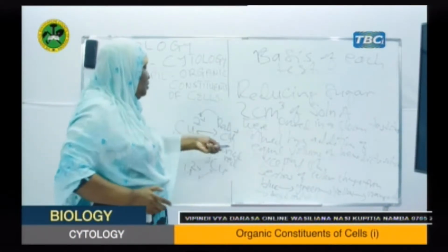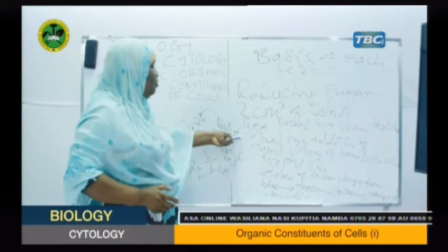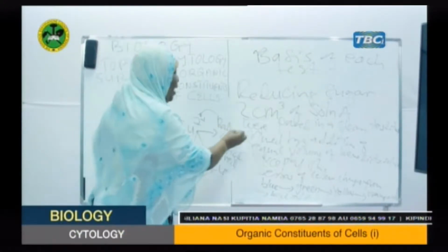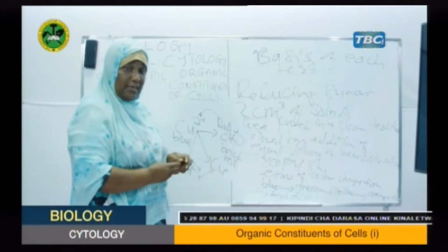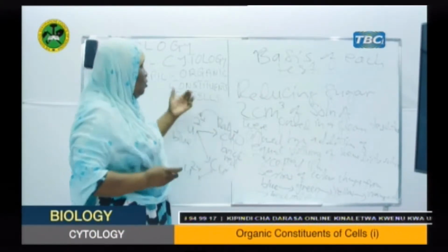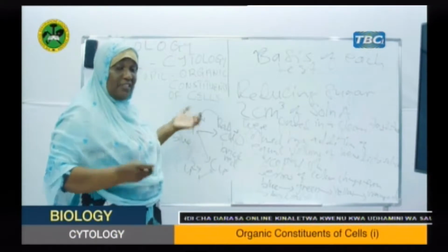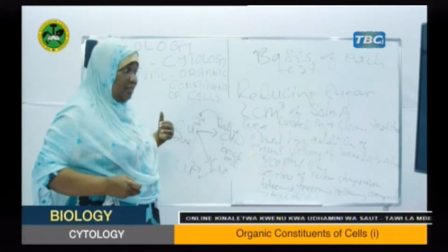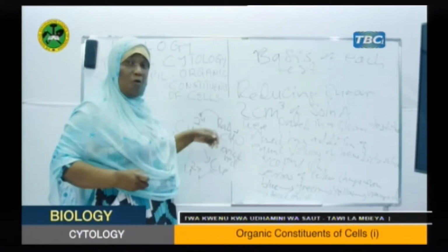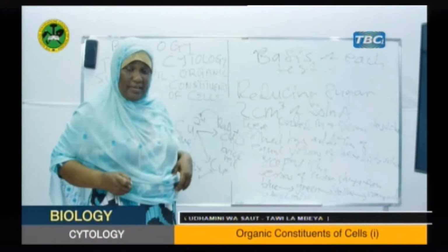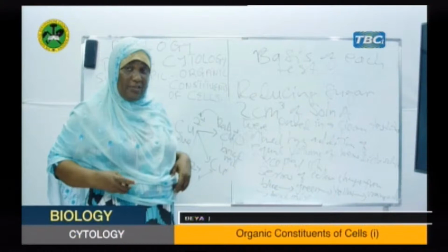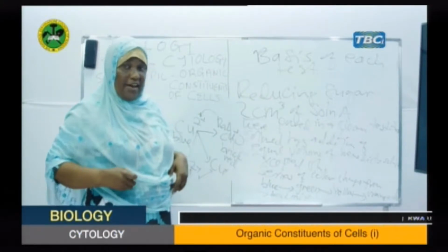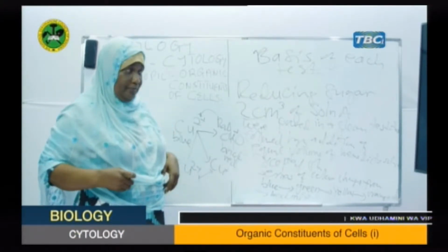But the copper 1 ion which is formed here is copper 1 oxide. Therefore, copper 2 sulfate which is found in Benedict solution is reduced into copper 1 oxide. Clear? It is my hope that you have understood that concept.